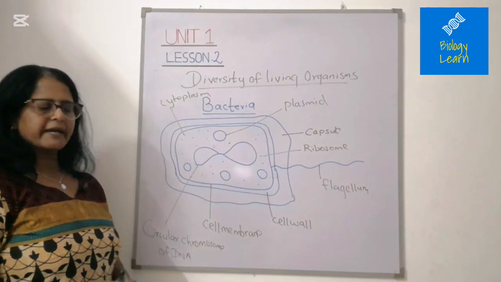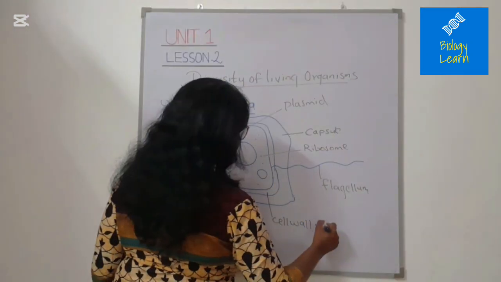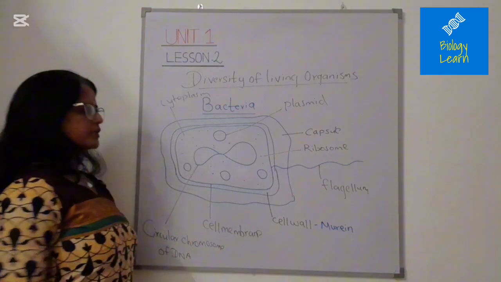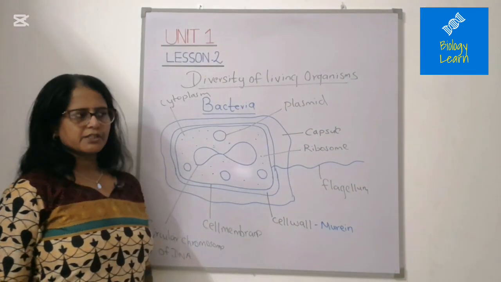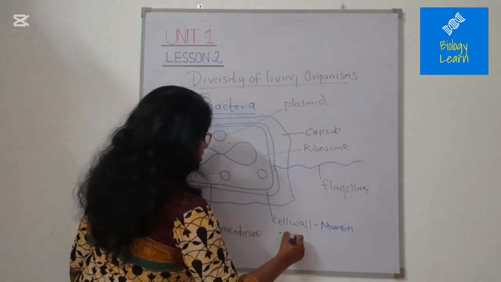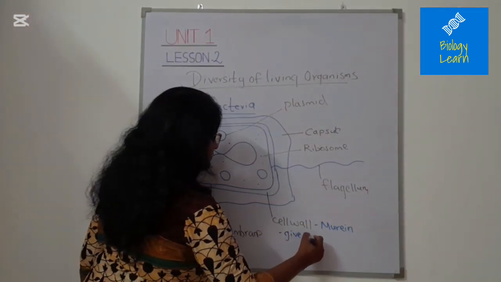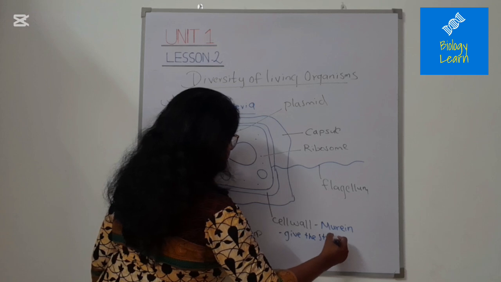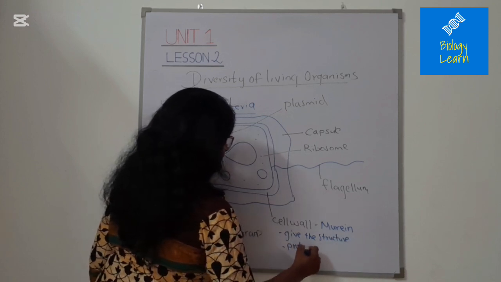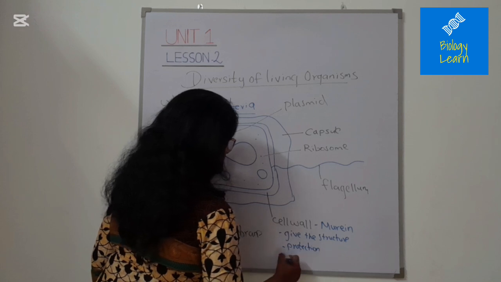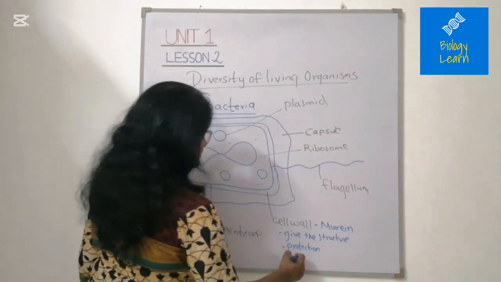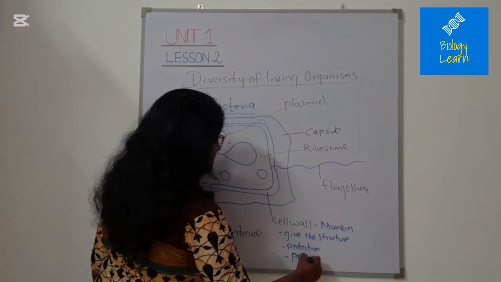So the cell wall is made up of a substance called murein. The main function of the cell wall is to give structure and protection for the cell, and also prevent the cell from osmotic bursting.